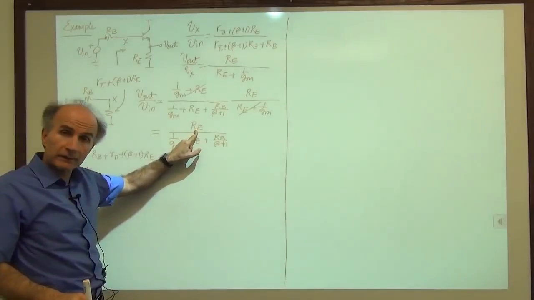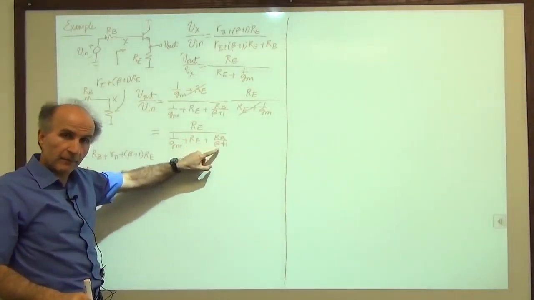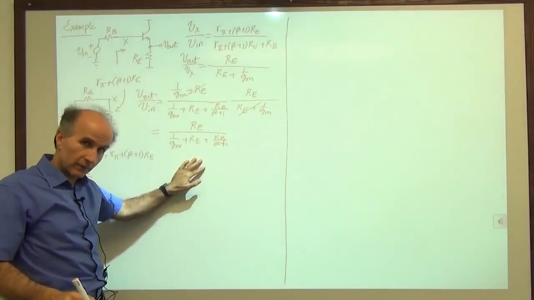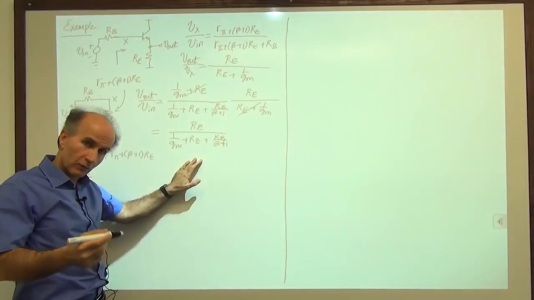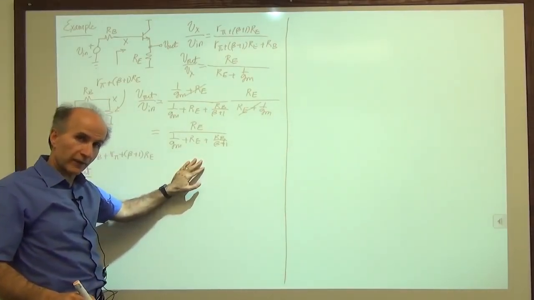We have a resistor divided by that resistor plus some other things. Is that familiar? Yes, that is the expression for a voltage divider. So let's construct that voltage divider.